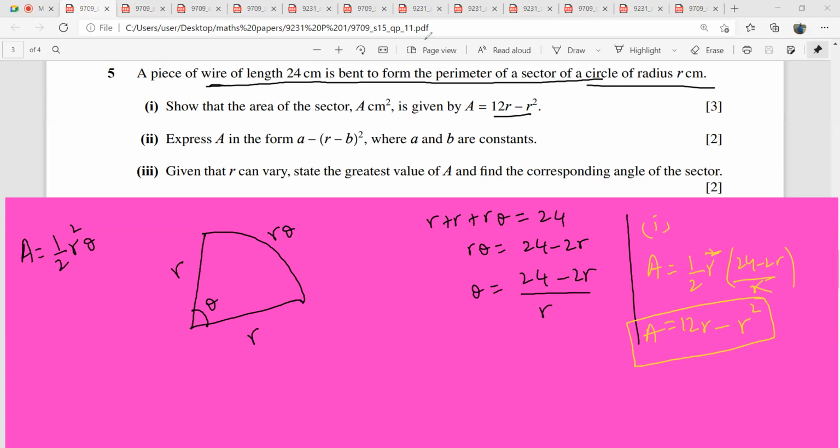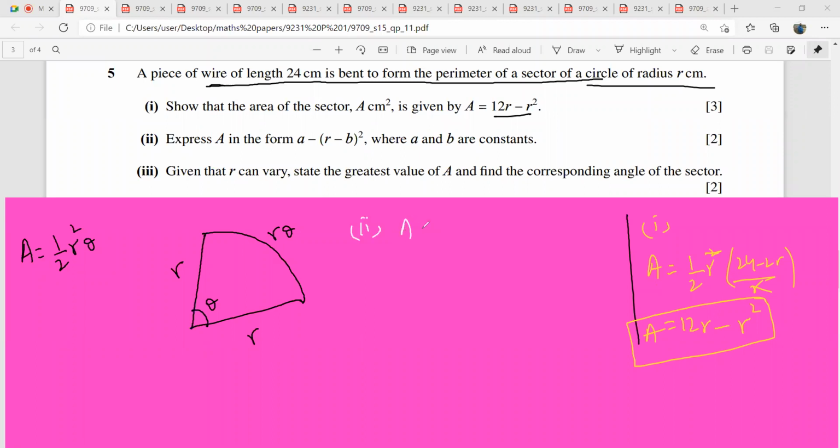Okay. And then there is a part related to your quadratics chapter. It says you have to write this in this form, so we have to complete the square. So you see, that is how your paper questions are, where the things are mixed together. So let's do that second part quickly.